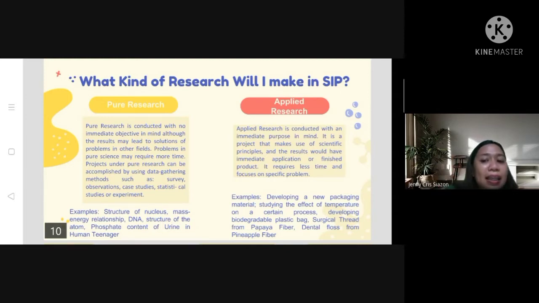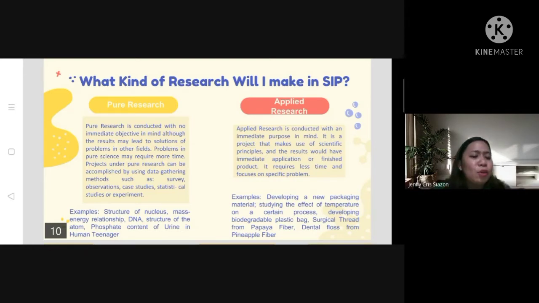On the other hand, applied research is conducted with an immediate purpose in mind. You already have a target objective, no, when you will do the applied research. It is a project that makes use of scientific principles, and the results would have immediate application or finished product.